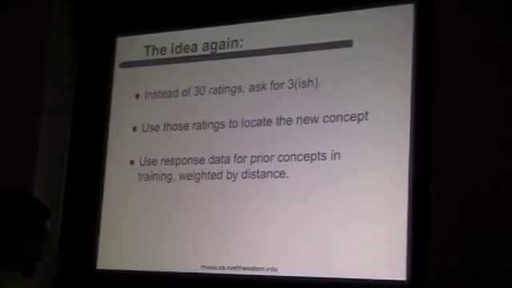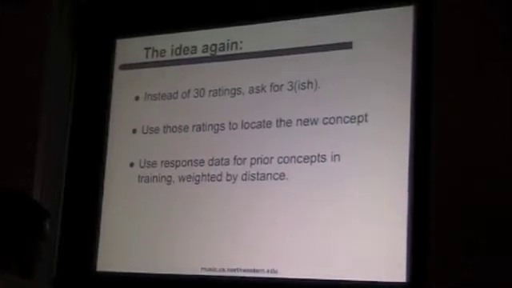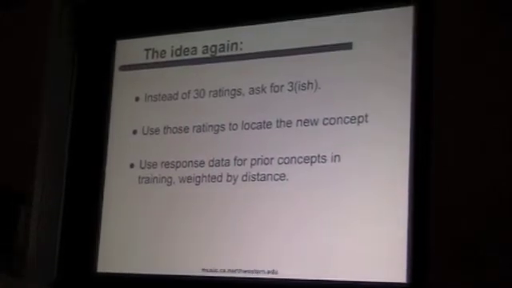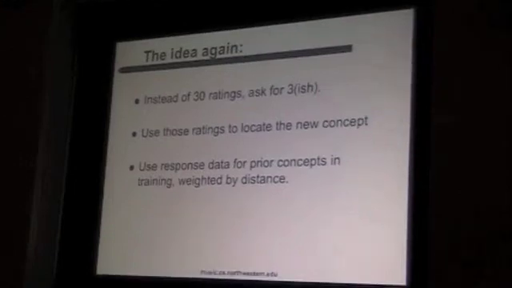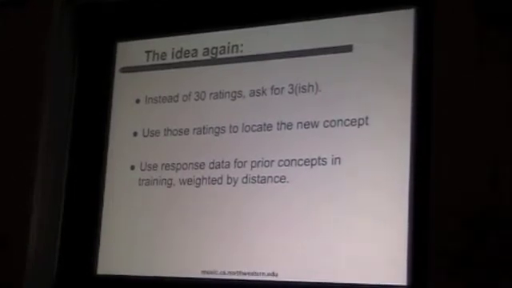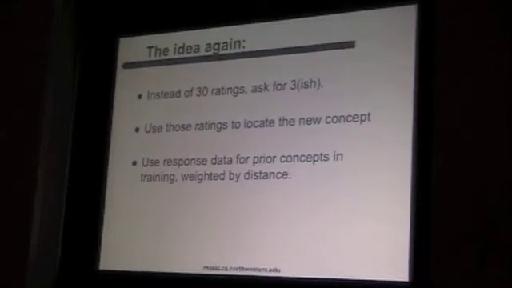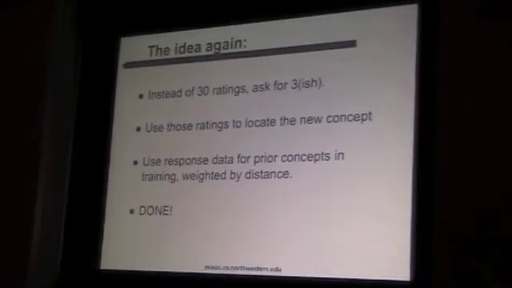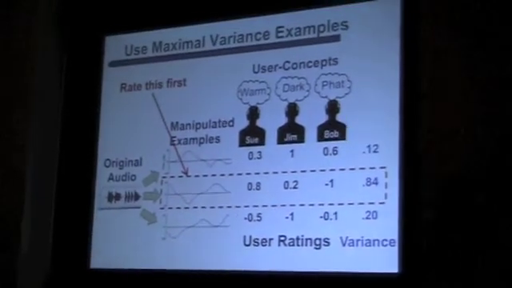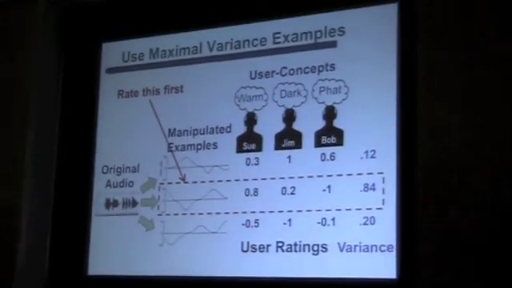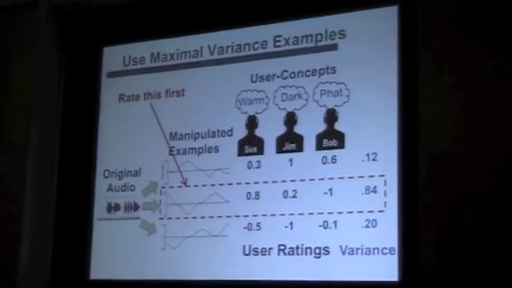And then train the system using responses that people gave when teaching other concepts to it. And we're going to weight the influence those other concepts have based on the distance to your concept. That's it. Pick the middle one because it caused the greatest variation in what people's responses were.